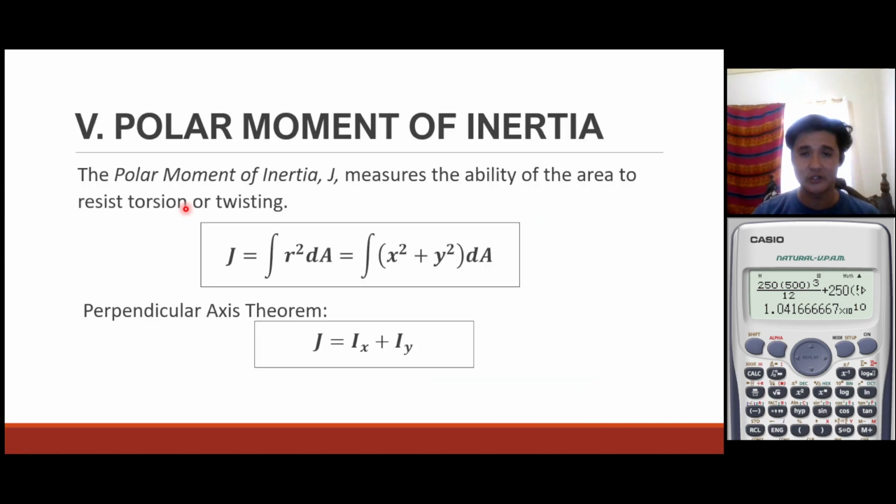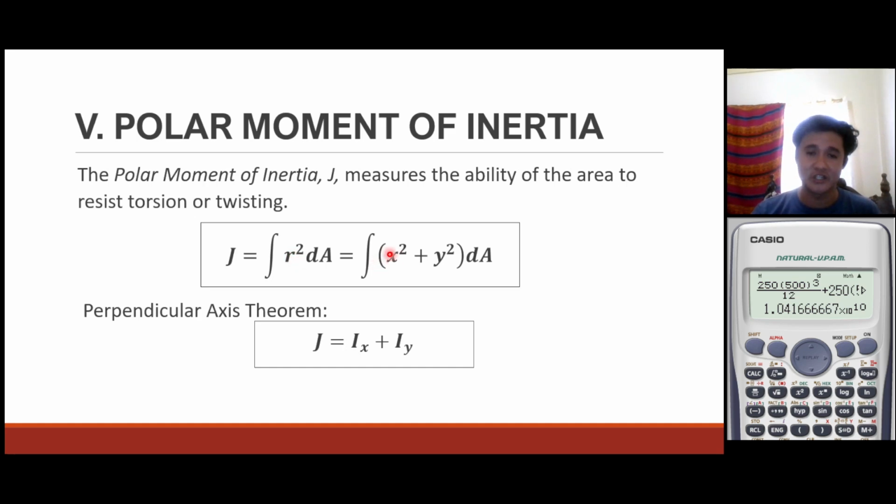Okay? So that is it for the transfer axis theorem. As for polar moment of inertia, we will not spend long on it because we already discussed it in our discussion regarding torsion. So the polar moment of inertia is equal to the integral of r squared times the differential area, where r is the radial distance of that differential area from the point of rotation or center of rotation.